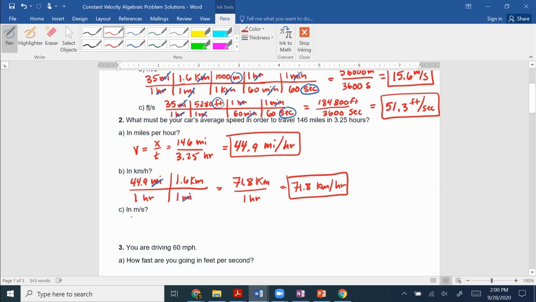Okay, meters per second is going to be basically the same thing as part B above. Miles, 1 hour. So we'll go ahead and we'll switch it. So we got 1 mile is equal to 1.6 kilometers. Then we got to change our kilometers, right? 1 kilometer is equal to 1,000 meters.